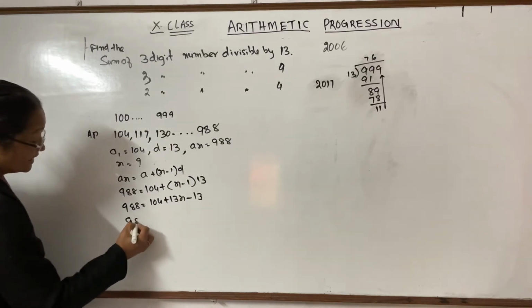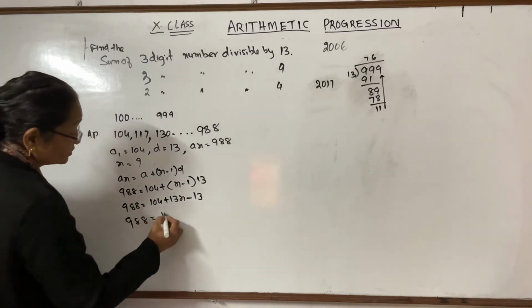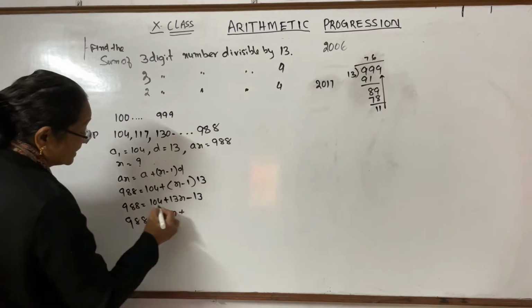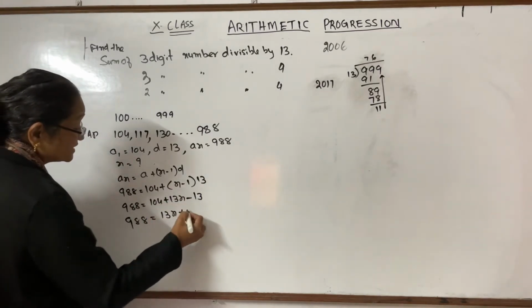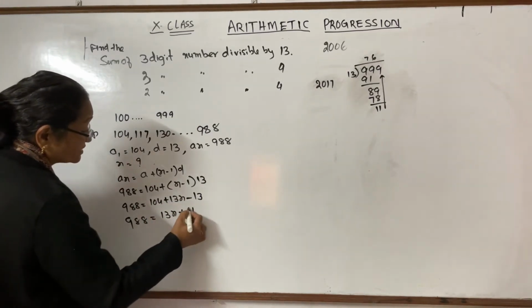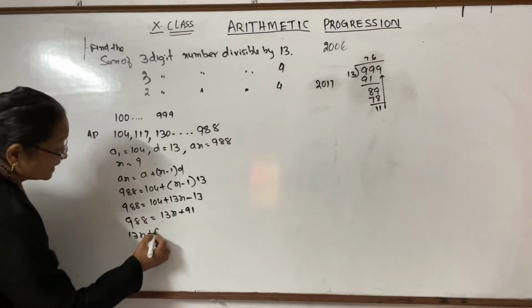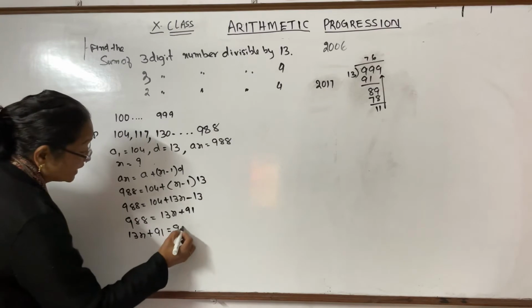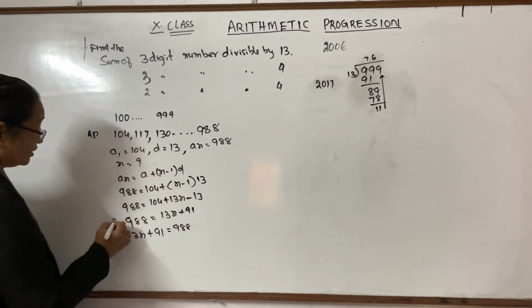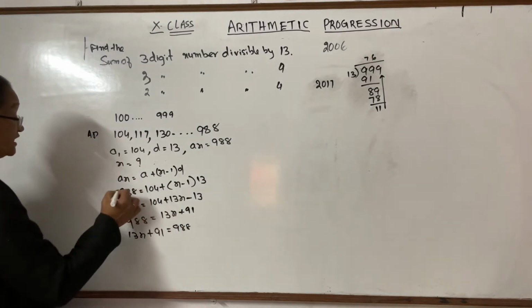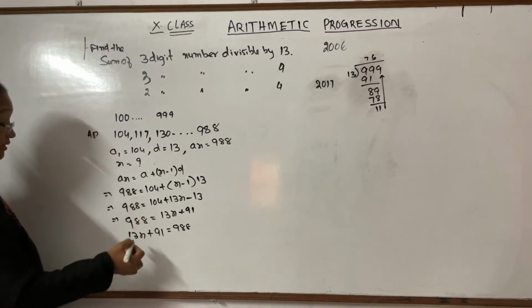So 988 equals 13n plus 91, 104 minus 13 is 91. Now 13n plus 91 equals 988.